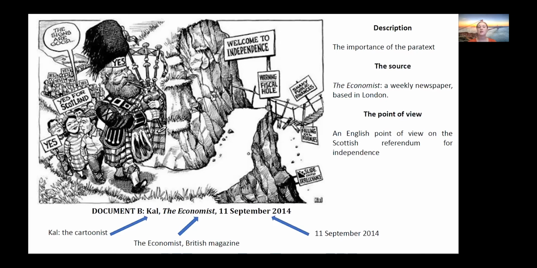Here, as you can see, The Economist being a British magazine, this expresses an English point of view on the Scottish referendum for the independence. And this will be of importance for your analysis to identify the point of view. Since, of course, having a Scottish cartoon is not the same as having an English point of view on the referendum.